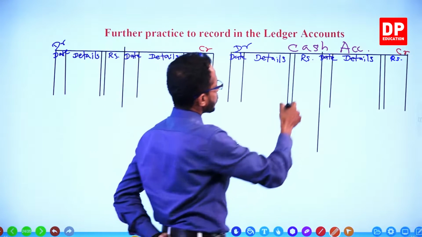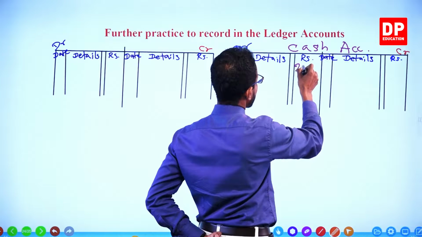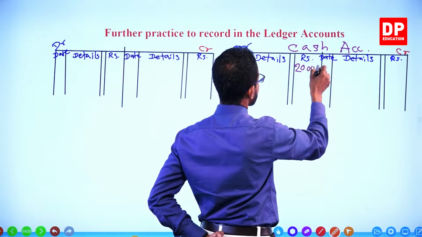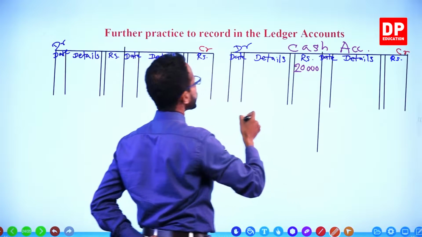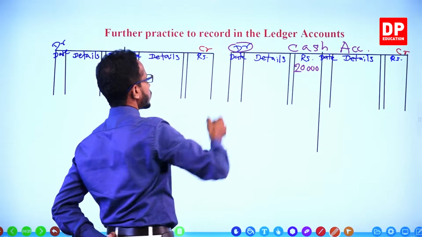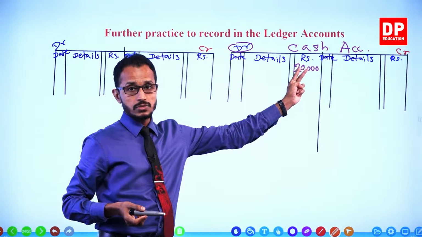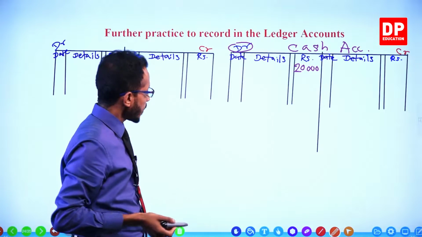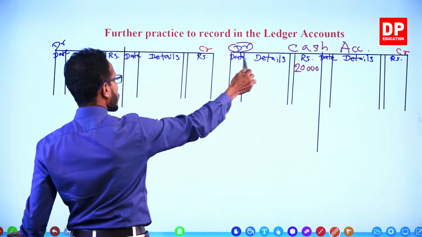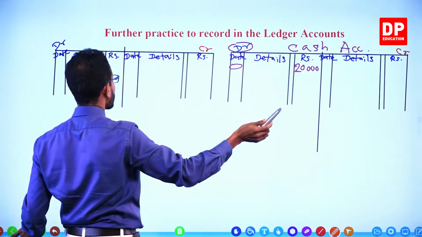So in the cash account, I'm going to put the 20,000 in the debit side. Value column, I have put 20,000. Date. What's the date?